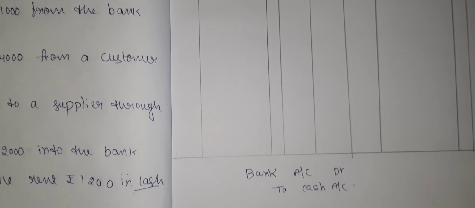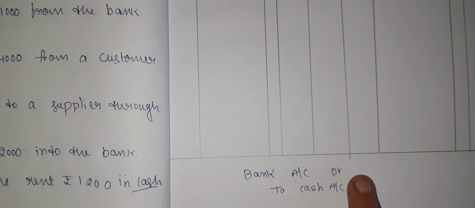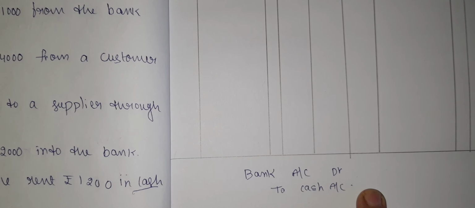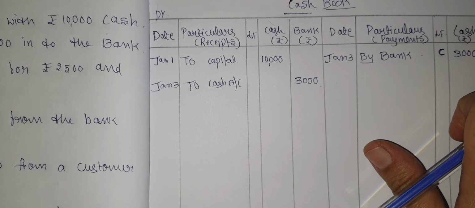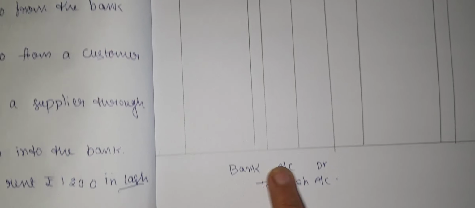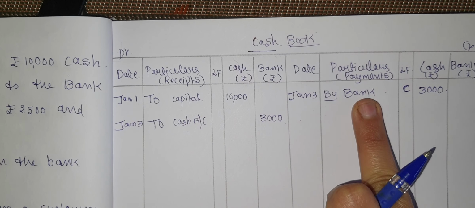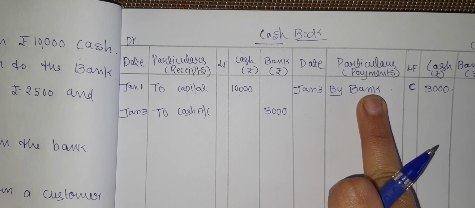Again I will explain. The entry is deposited rupees 3000 into the bank account debtor to cash account. And here cash account is credited. So go to the credit side of the cash book and write the opposite entry of cash account, that is bank account. So by bank account. But be very careful while writing the amount.